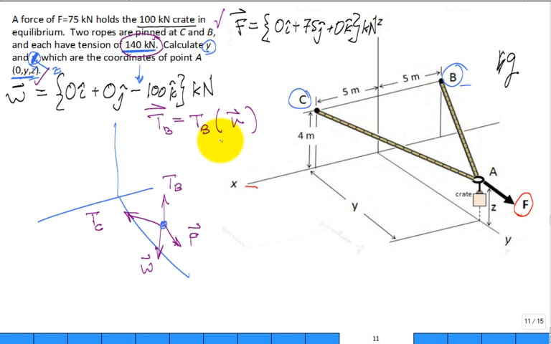It goes from point A toward point B. So, how am I going to get the unit vector from A to B? You're going to get a displacement vector from A to B and divide by the magnitude of that displacement vector from A to B. Won't that give you a good unit vector?